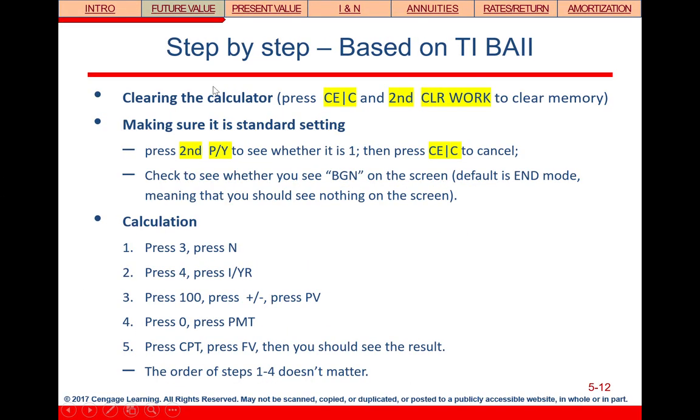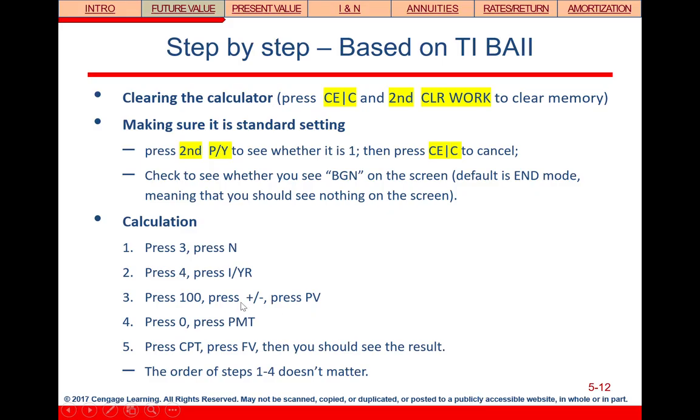This is step-by-step instructions of the exercise here, based on the Texas Instrument, the free financial calculation app you can download on your phone. And the other thing that I want to emphasize is that we did it step by step, from the first variable to the last variable, we followed order, but the order is actually not very important.